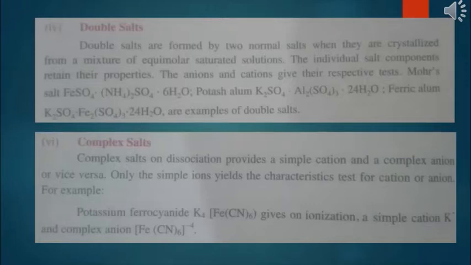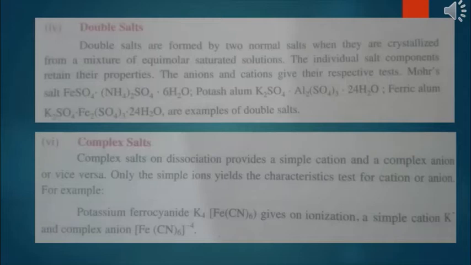The anion and cation give their respective tests. Mohr's salt, for which they have given you the formula, potash alum and ferric alum are examples of double salts. Dear students, the formulas of these salts are very important, and from the board point of view, they will give you the names of these salts and you have to write the chemical formulas of these salts.